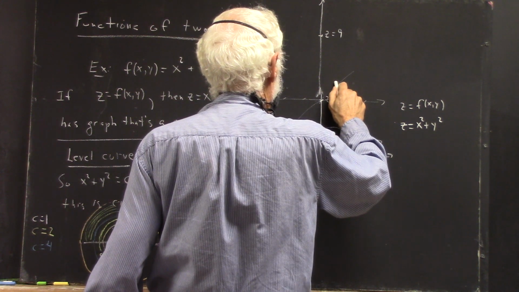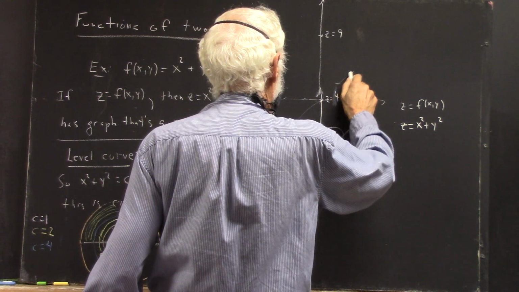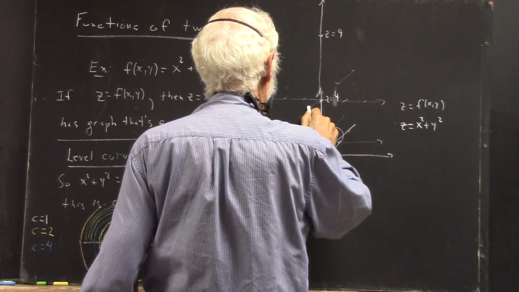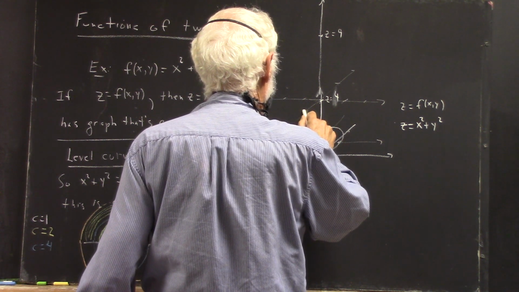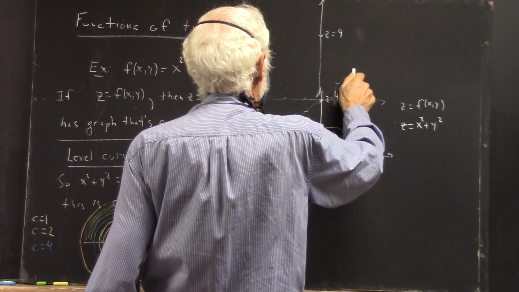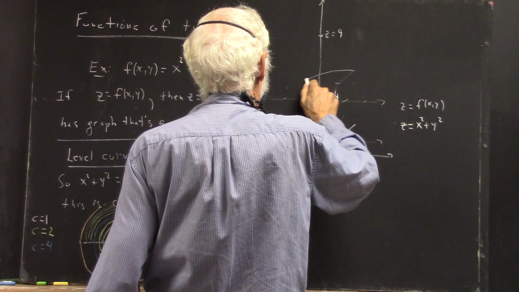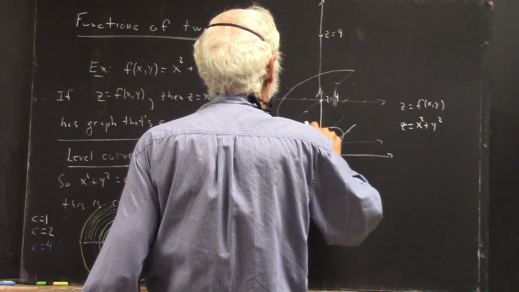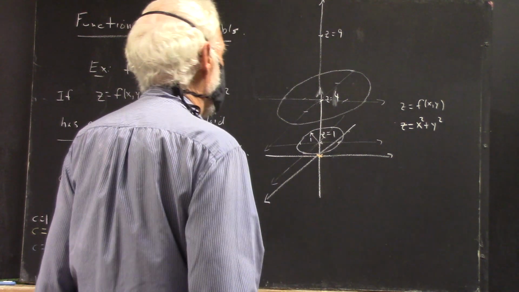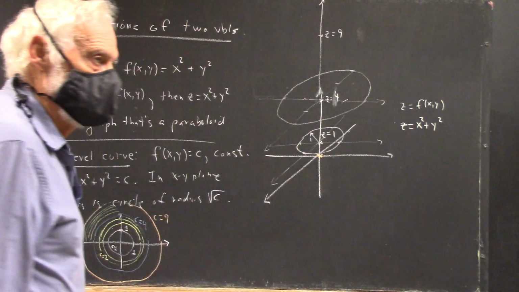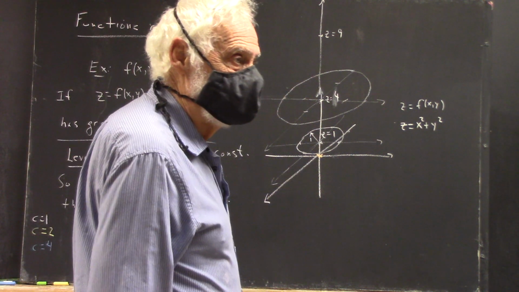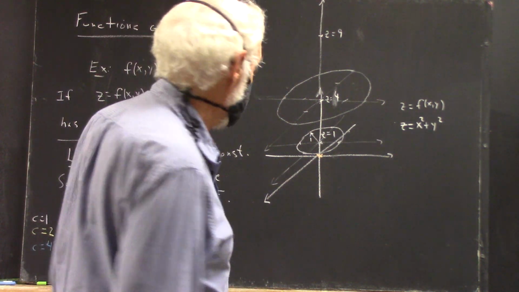Here's 1, here's 2, and right above this point, here's 1, here's 2. So the curve would be kind of like this, not a great looking circle. You can use your imagination and imagine a great circle, okay?